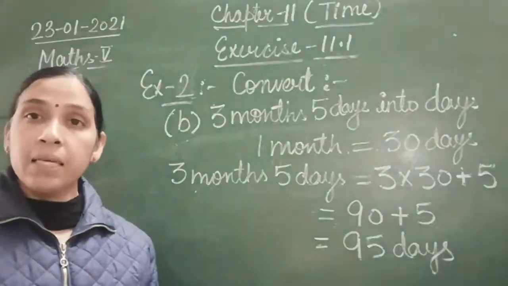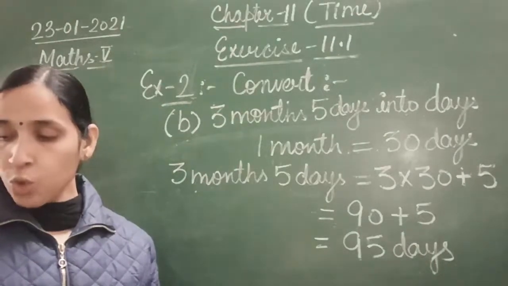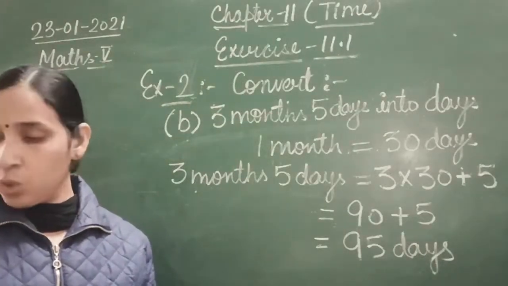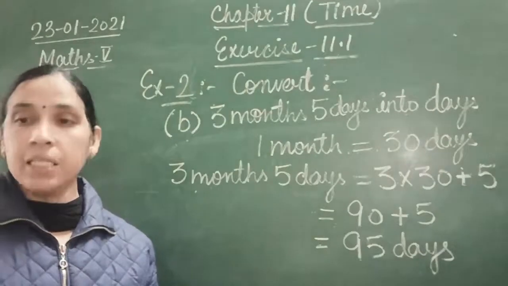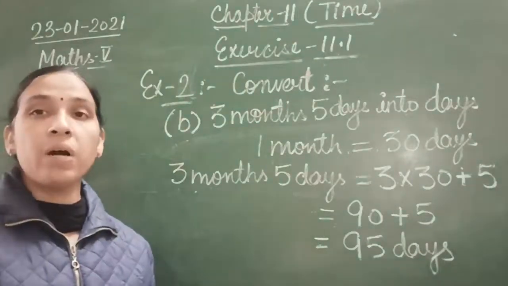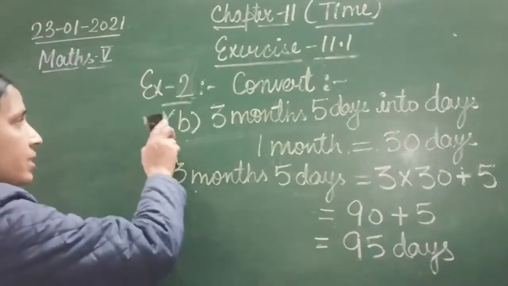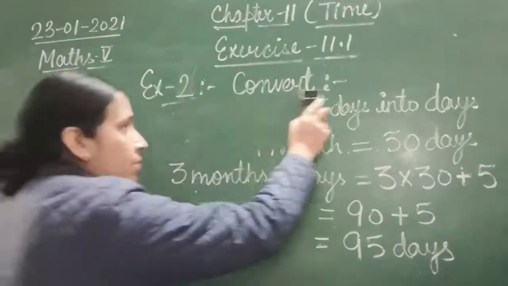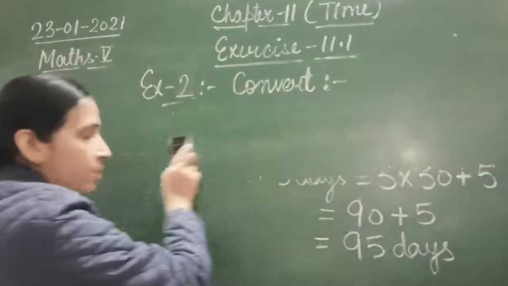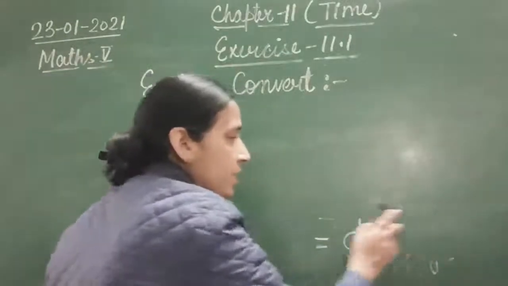Again, C part, 2 weeks 3 days into days. We know 1 week is equal to 7 days.